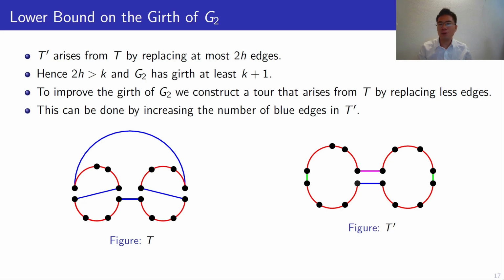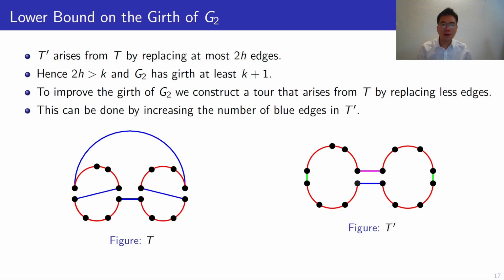Next, we want to improve this result and show a better lower bound on the girth of G2. So to improve the girth of G2, we want to construct a tour that arises from T by replacing less edges. This can be done by increasing the number of blue edges in T prime. So in the left figure, you can see T. In the right figure, you can see T prime.